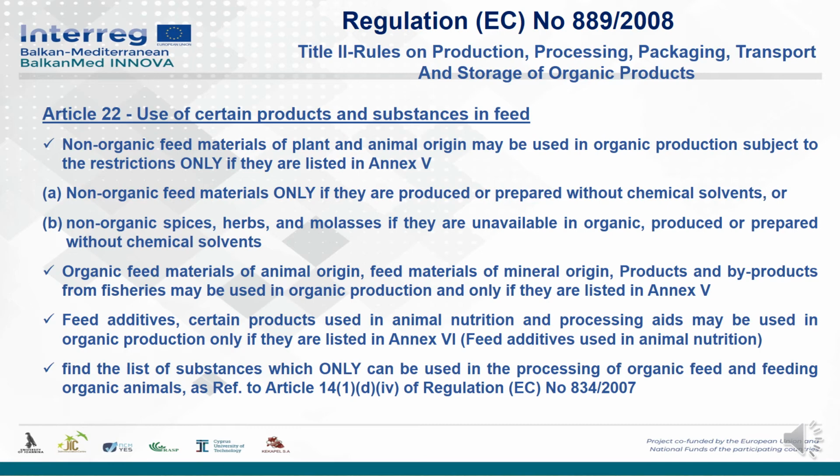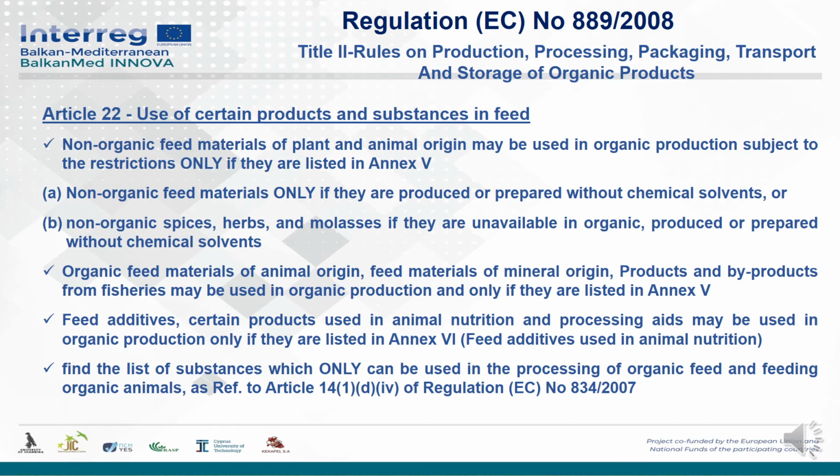Organic feed materials of animal origin, feed materials of mineral origin, products and byproducts from fisheries may be used in organic production only if they are listed in Annex 5. Feed additives, certain products used in animal nutrition and processing aids may be used in organic production only if they are listed in Annex 6.